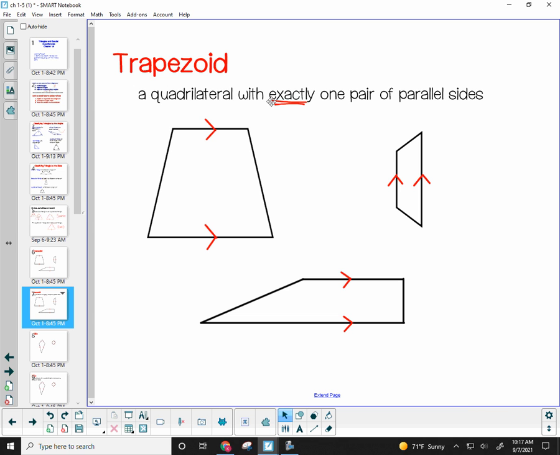So the top two are typically ones that they'll show kids for shape recognition, when they're starting to introduce shapes, that make them look the pretty ones. Remember how we talked about that the other day with regular polygons?